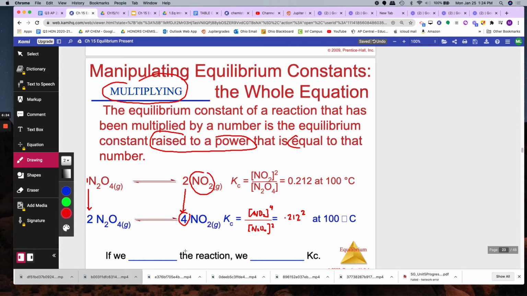Okay, so if you double the reaction, that means you square the Kc. Okay, so 0.212 squared is equal to 0.0449, your new Kc, which got worse. So don't do that. It must be because there's too much of this going on and it's going backwards, so it's not good to double it in this case.